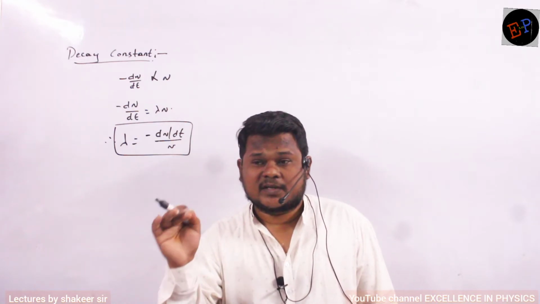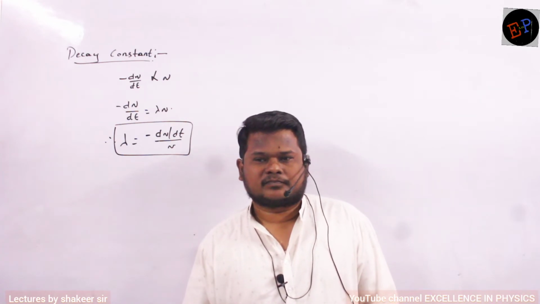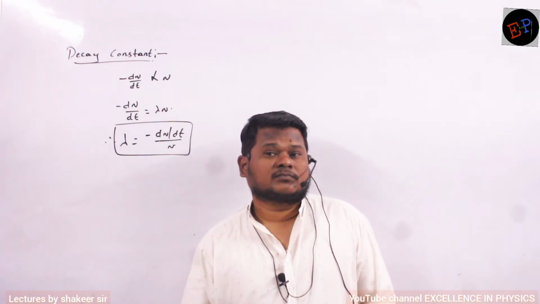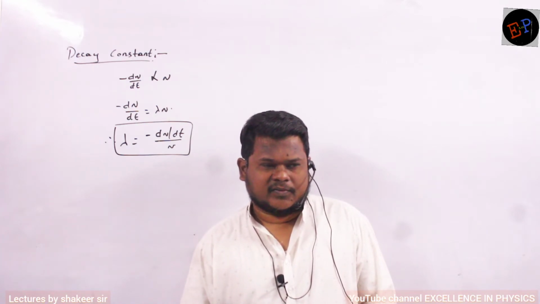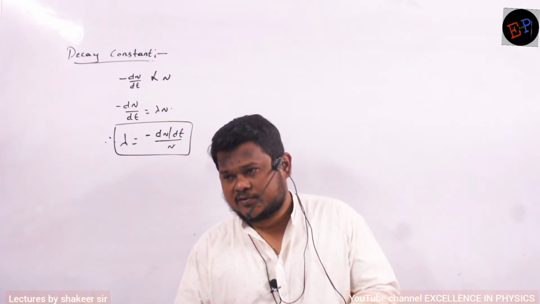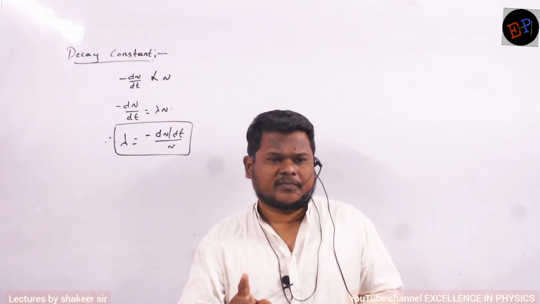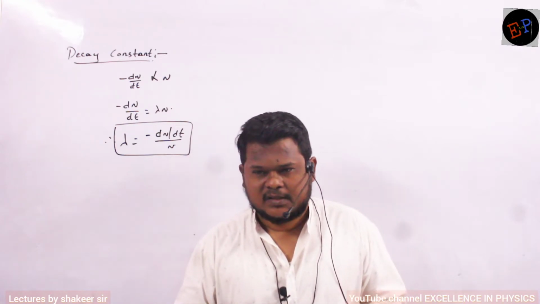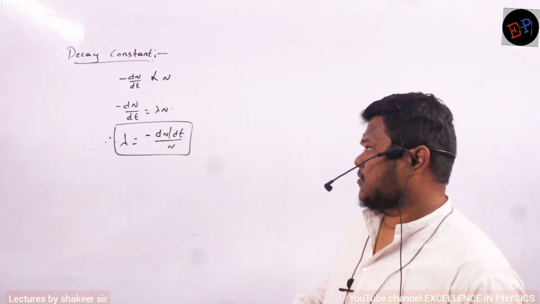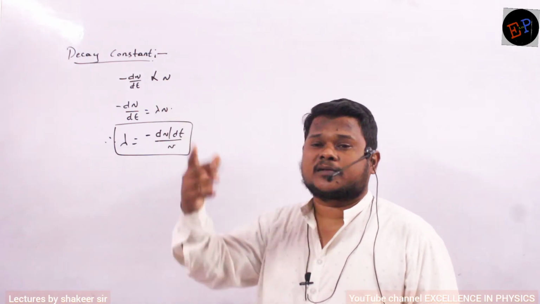Look at the equation and tell. For example, I am comparing two radioactive substances. For one, I have understood that its lambda value is greater. What I understand is that for the same number of atoms, the disintegrations will be greater.